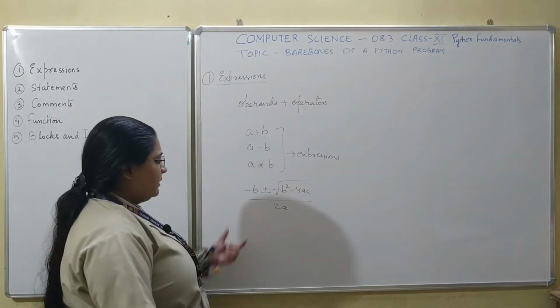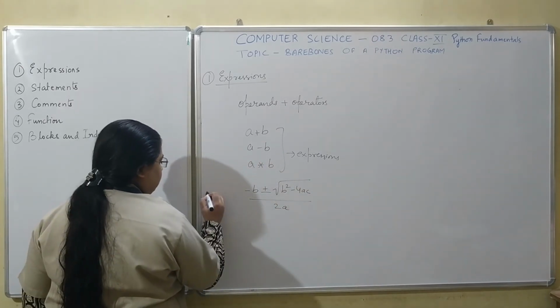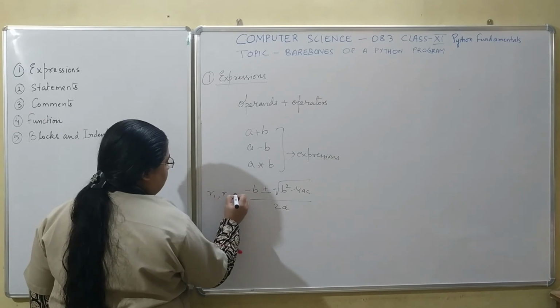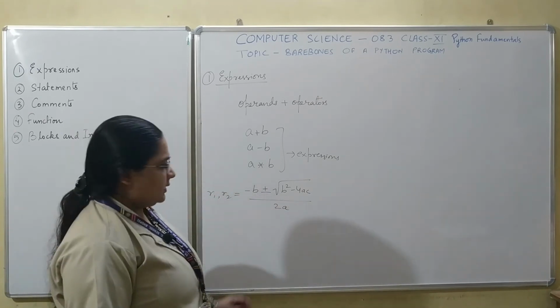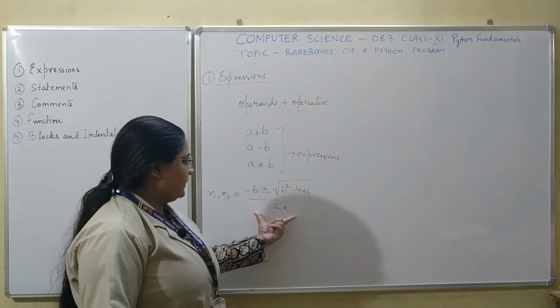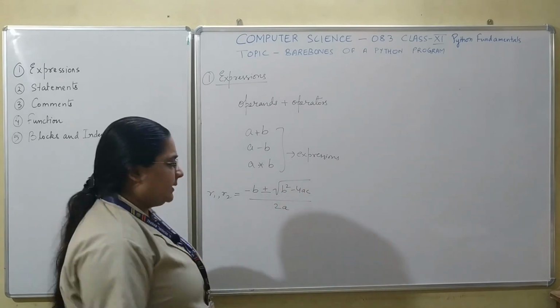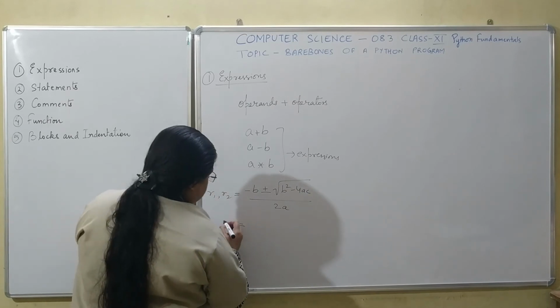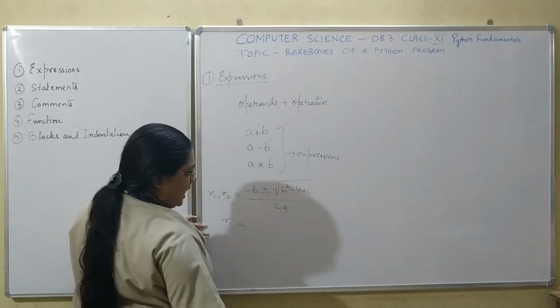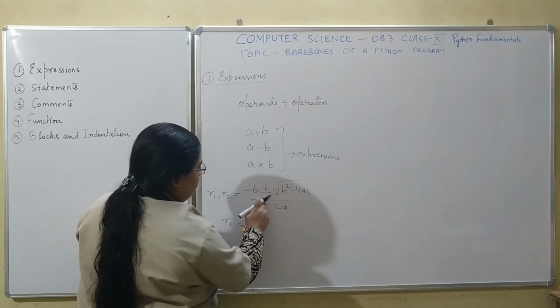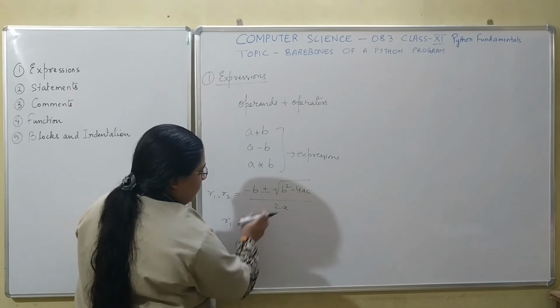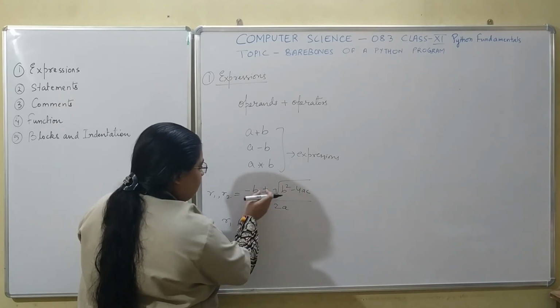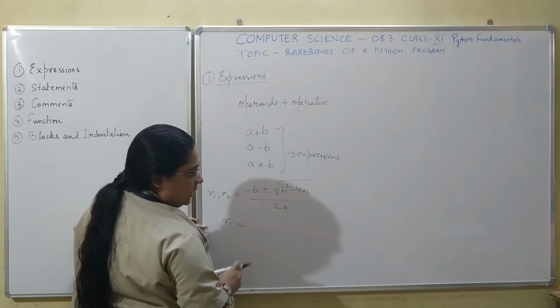So this is an expression which is used for calculating roots of a quadratic equation. If I have to represent this in the form of a Python expression, I would write it in this way. For this, I would have to take R1. Now I have no way of representing both plus and minus. It means once we will calculate it as plus and once as minus.